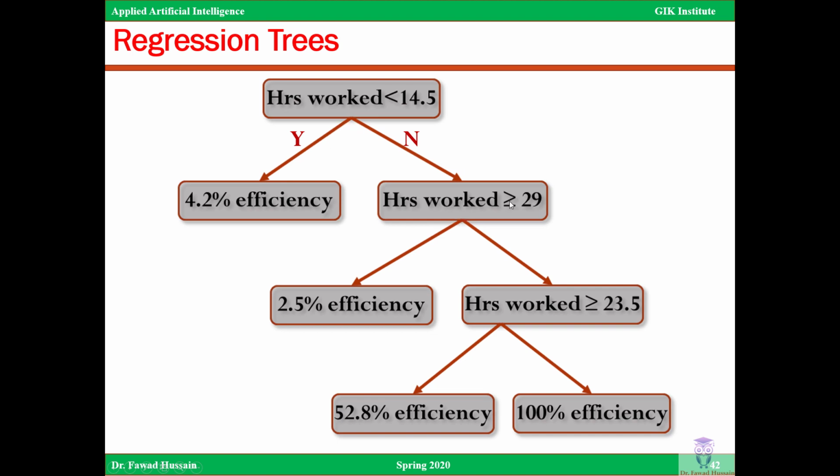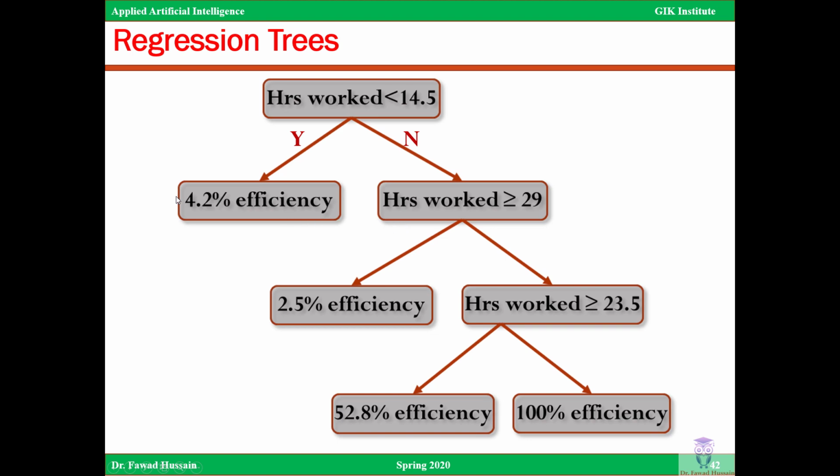So if the answer to this question is yes, I get a 2.5% efficiency, and if the answer is no, I need to ask a further question: whether the hours worked is greater than 23.5. Again, if it's a yes, I get this answer, and if it's a no, I get this answer. So this is fairly easy and very visually appealing for understanding the data.